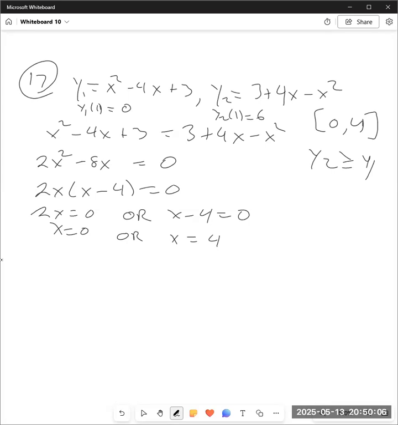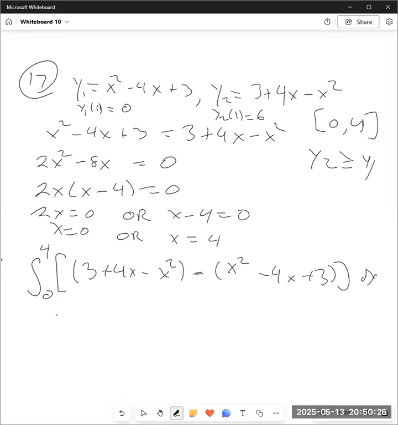So this is going to be the integral from 0 to 4 of 3 plus 4x minus x squared minus x squared minus 4x plus 3 dx. 3 minus 3 is 0. 4x plus 4x is 8x. Then I have minus 2x squared dx.